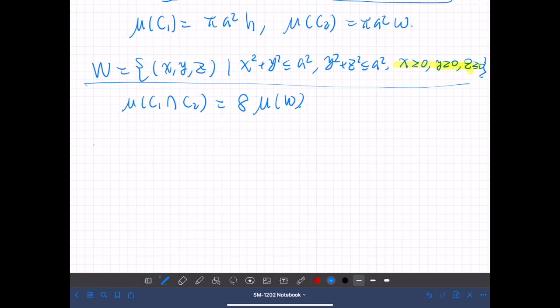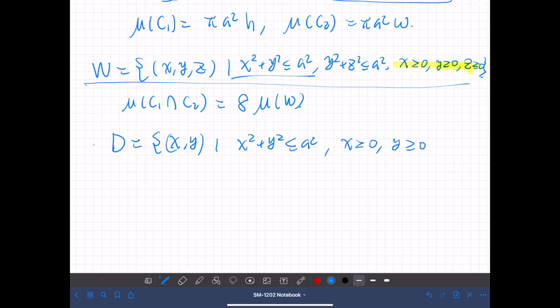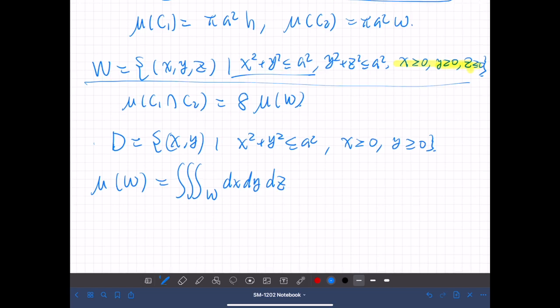To do that, let's define the two-dimensional region in xy such that x squared plus y squared is less than a squared. So that corresponds to this, with x non-negative and y non-negative. Okay, then we can calculate the volume of this as this.